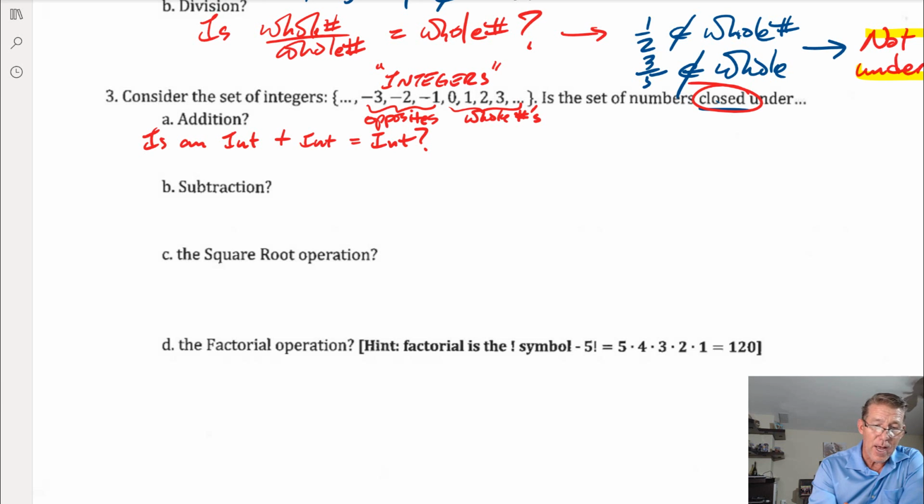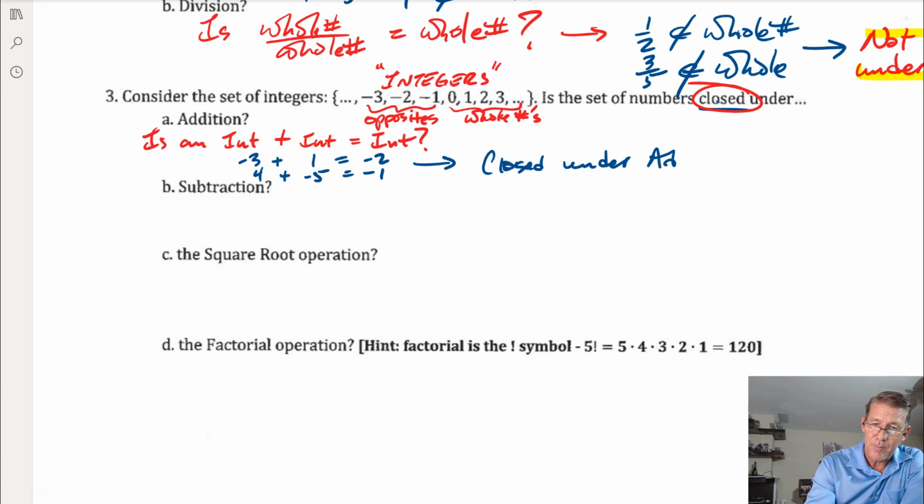You can take any integer, add it to an integer, and you always get an integer. For example, -3 plus 1 is -2, and that's an integer. 4 plus -5 is -1, and that's an integer. So here I'm going to say it's closed under addition.